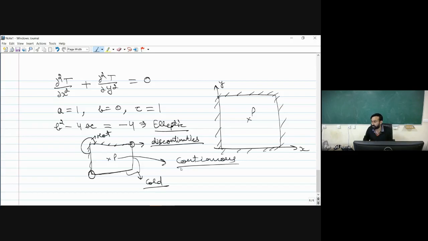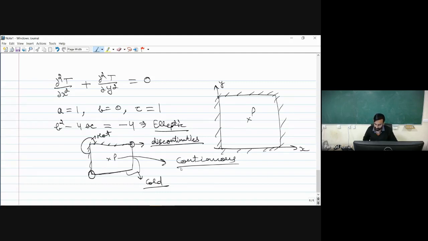Why? Because whatever information we have at the boundaries will rapidly propagate in all directions. Because of the rapid propagation of the temperature difference between the two boundaries, the effect of discontinuity will be nullified. So that is one very important understanding about elliptic equations: they basically result in rapid transfer of information.